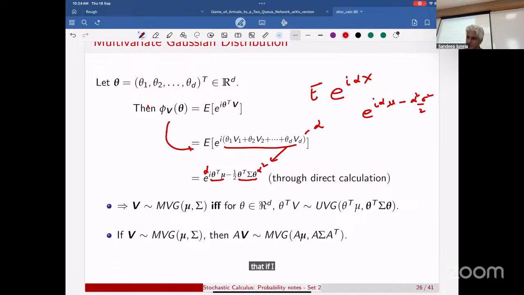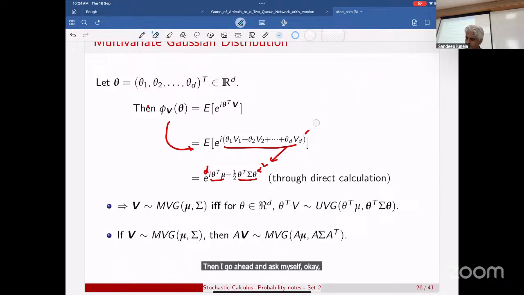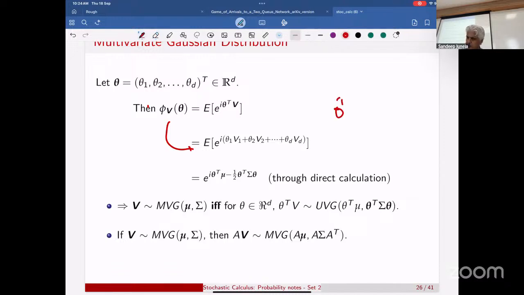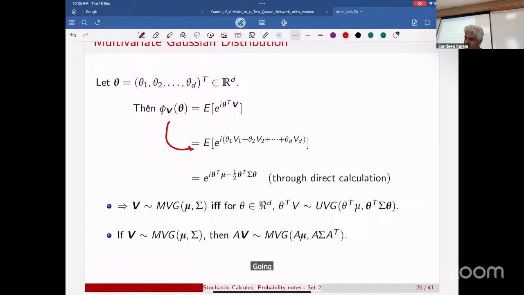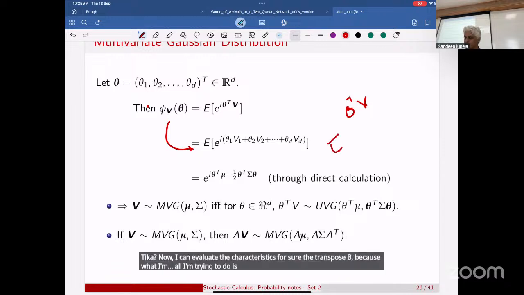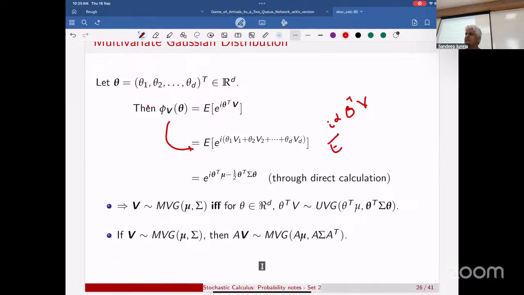If I told you this is multivariate Gaussian, then I ask myself, what's the characteristic function of theta transpose V? Now I can evaluate it, because all I'm trying to do is find e to the power I alpha times this guy.